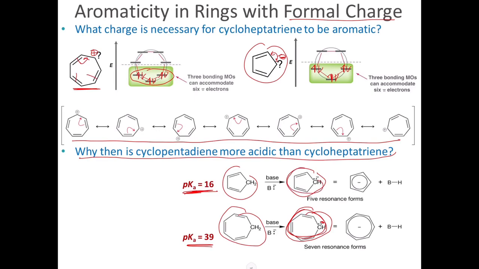So in other words, resonance structures alone is not a measure of stability. Aromaticity plays a much bigger role. Okay? So therefore, this is due to aromaticity. Because it wants to be aromatic, it just wants to give out that proton so that it can be aromatic.